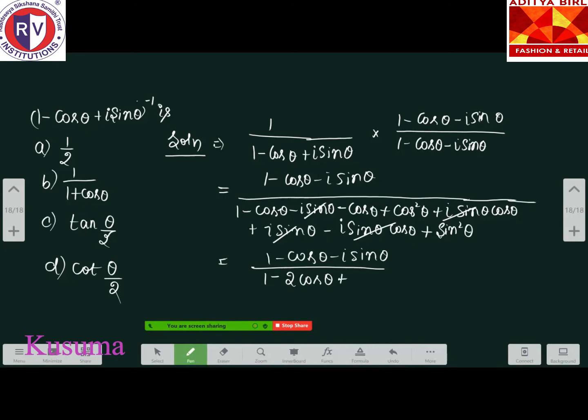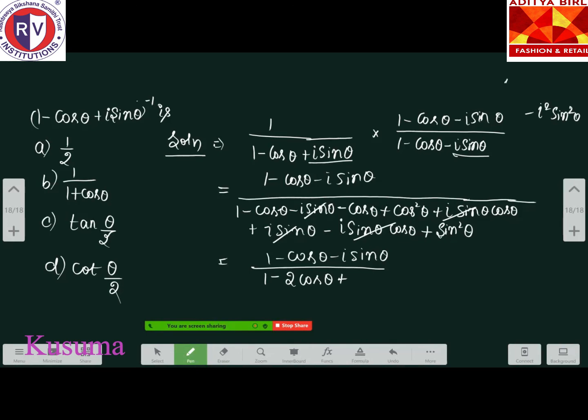Plus, ma'am, the last term, i square sin square theta, no? Yes, i square sin square theta. The last term is i sin theta into minus i sin theta, which gives minus i square sin square theta.